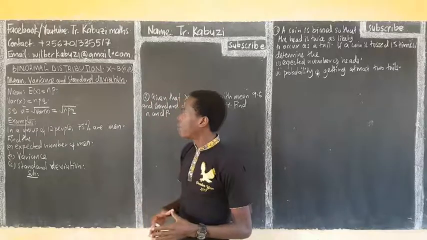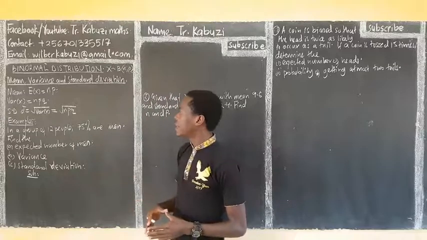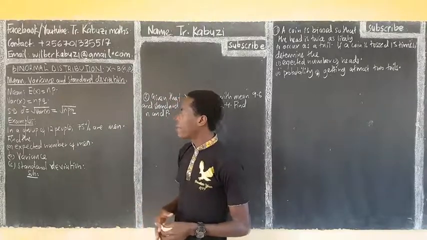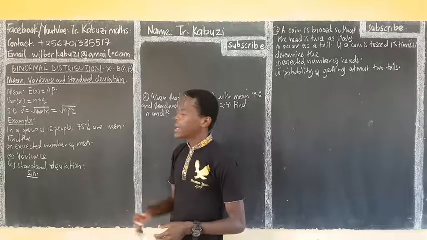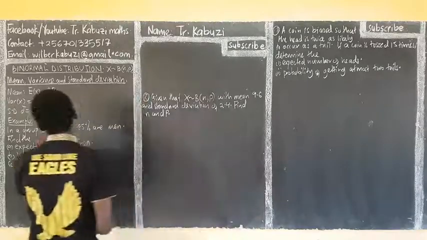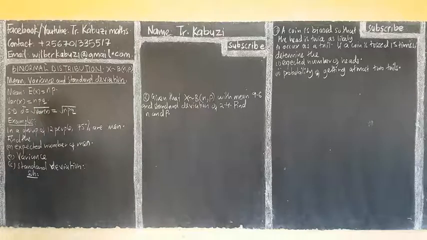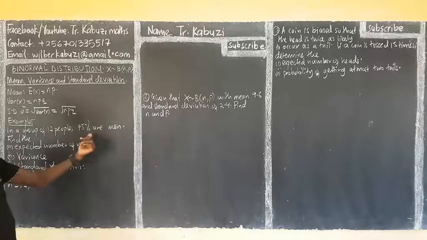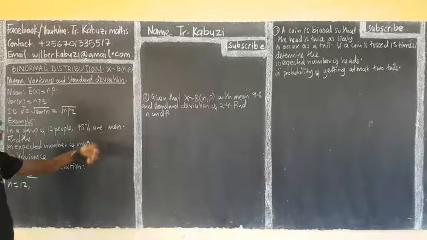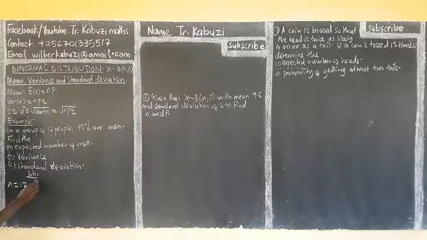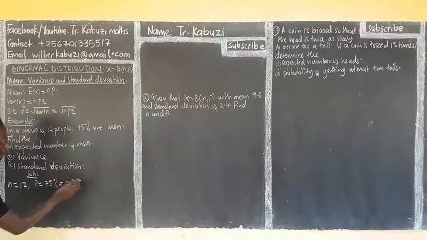In a group of 12 people, 70% are men. Find the expected number of men, the variance, and the standard deviation. So in a group of 12 people means that now our n is 12. 70% are men, so our probability of success, which is to be a man, is 0.75.